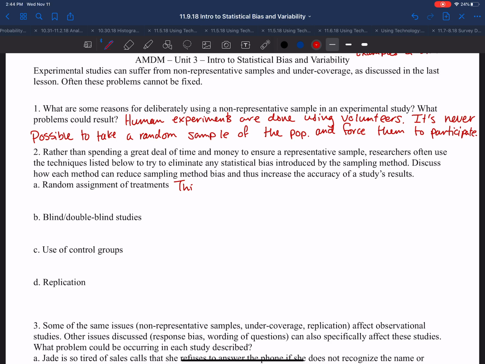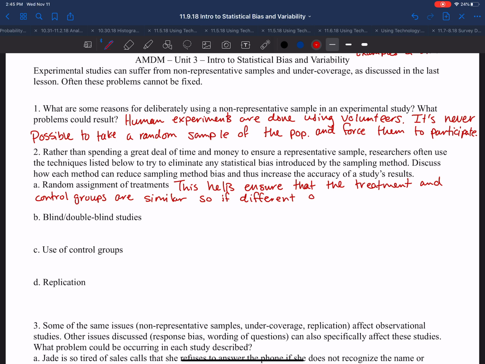So we can say this helps ensure that the treatment and control groups are similar, so if different outcomes are detected, it is due to the treatment.